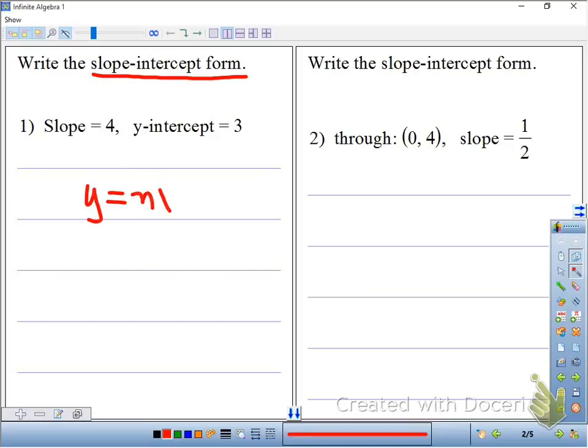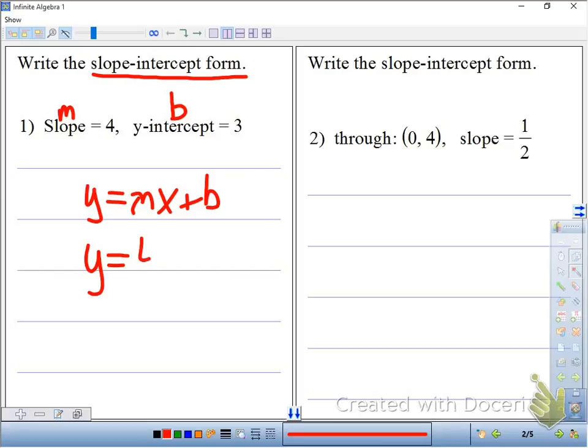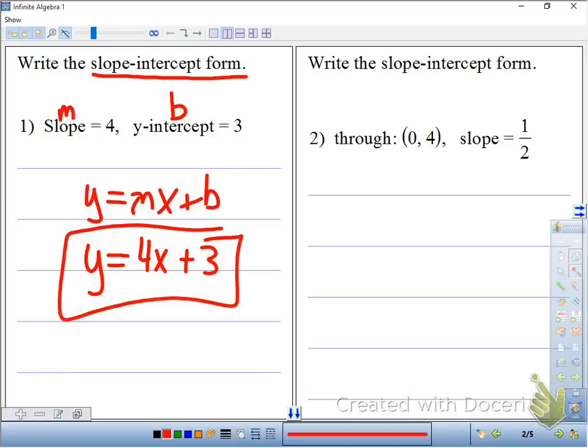They give me my slope, my m, and they give me my y-intercept, my b. So all I really have to do is put those numbers in the correct place. It's mx, so m is 4, so it's 4x. Y-intercept is 3, so plus 3.